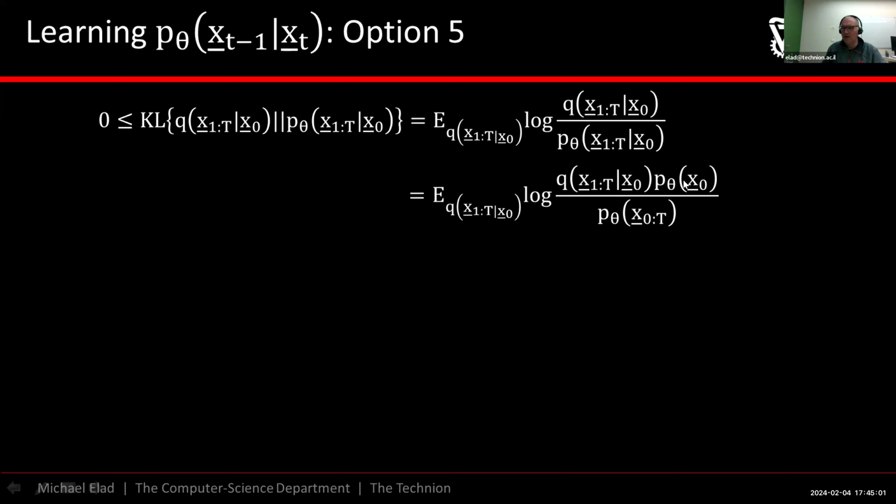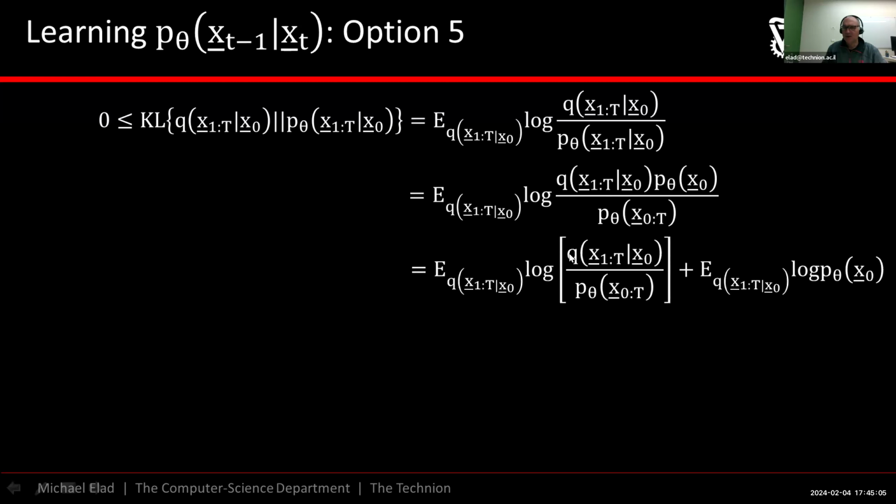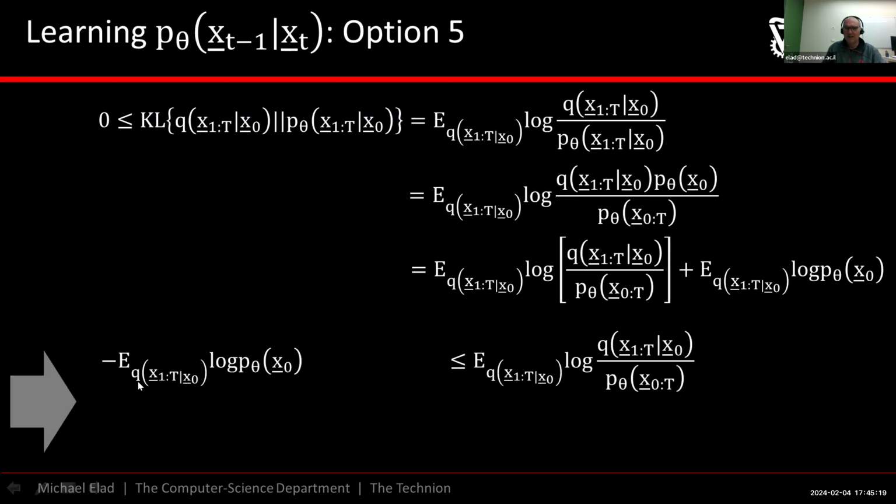Log of a multiplication is a sum of two logs. So here is the expectation of the first term divided by this term, plus an expectation of the same kind over the log of p theta of x0. And now I can take this expression and move it to the other side. So moving to the other side says minus this must be bounded from above by this expression.